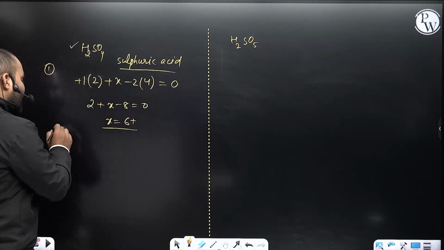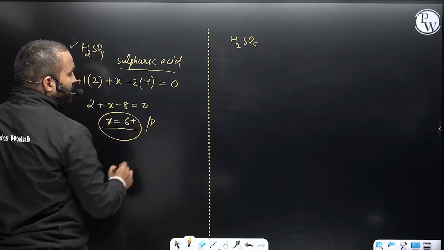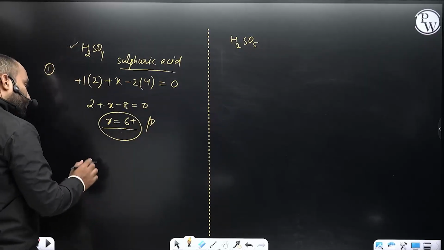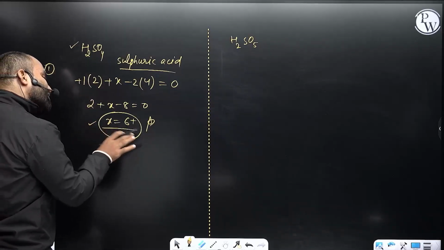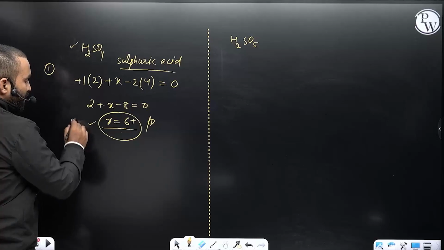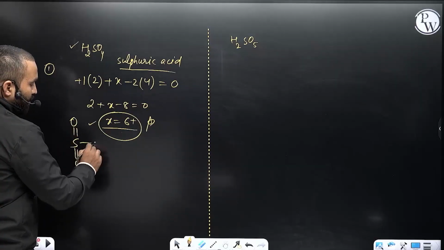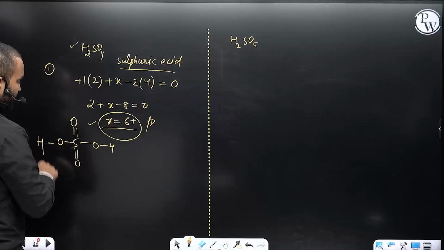The highest oxidation state tolerated by sulfur is 6+. Therefore, if your oxidation state calculated by the algebraic method comes out equal to the highest oxidation state, your compound will have this structure.